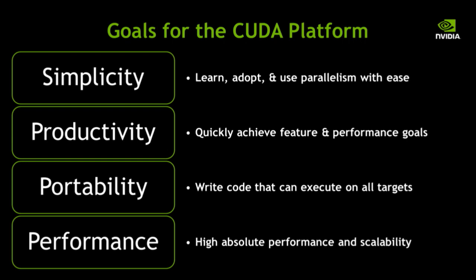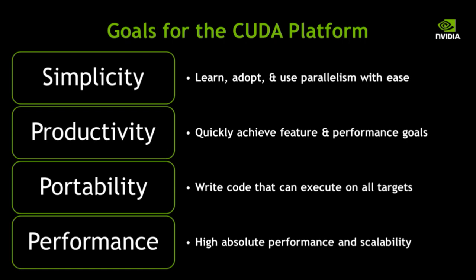Portability is increasingly important. Developers always need to run their code on multiple platforms. Well, not always, but often. And portability has a lot of faces. So it can mean portability across our products. It can be portability to future GPUs, making sure that code that's written today will run well on future products. But it can also mean the ability to run your application across different architectures and different operating systems.